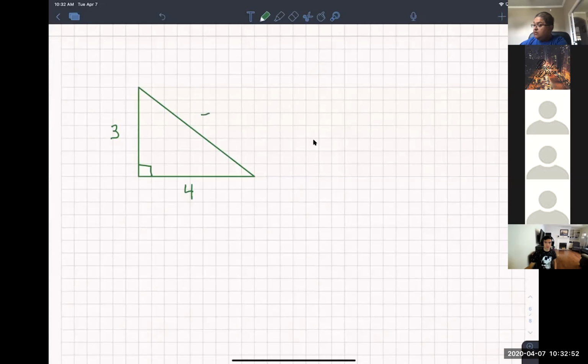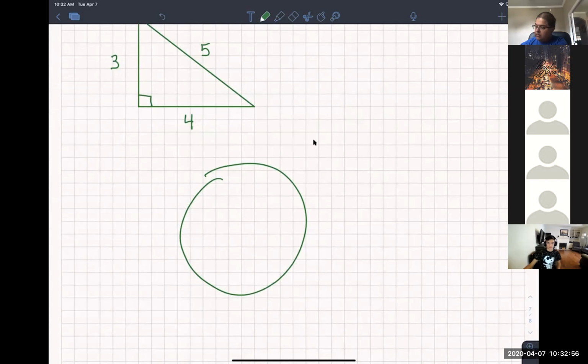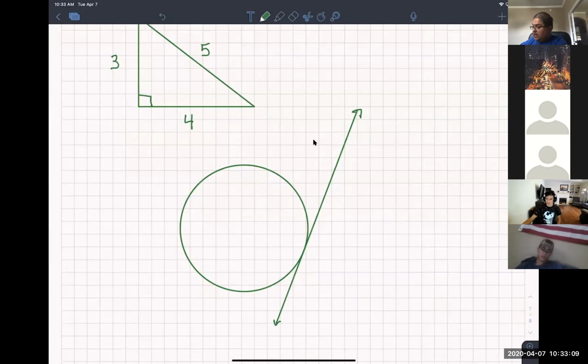All right, now let's talk about a circle, and let's have a tangent to that circle. Now remember, we said the point where the line is tangent is known as the point of tangency.